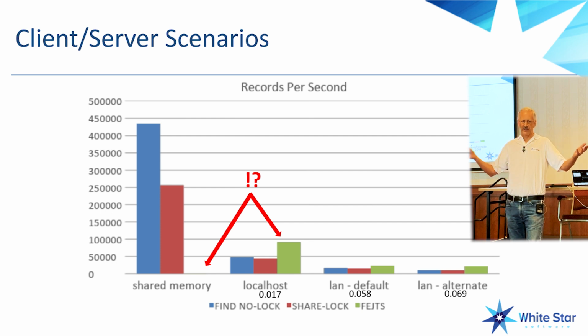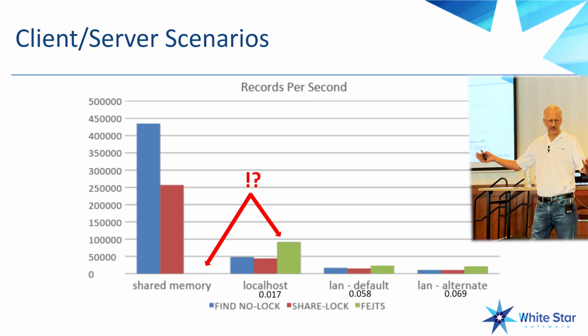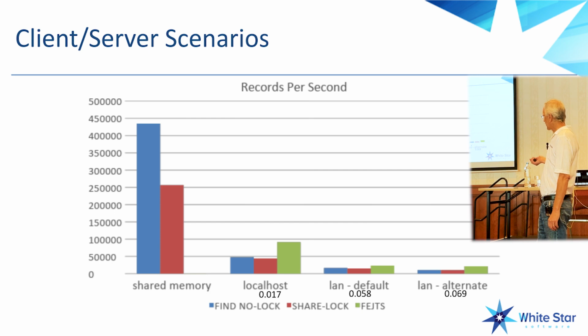So you've got the client and you've got the server, and when you're streaming a large amount of data, the latency gets lost in the startup. So the streaming of the data is what you see there, because there are two processes doing it. When it's in shared memory, there's only one process doing all the work, so you don't see the throughput as quickly there.